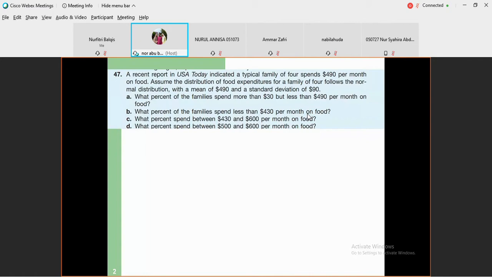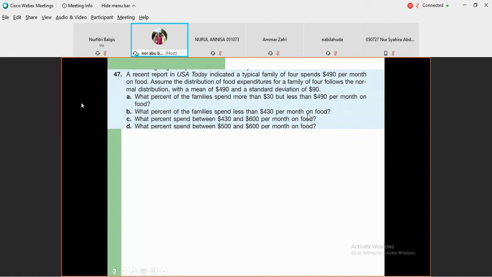Hopefully you will understand further on how to use the normal distribution. Jadi sebenarnya exercise ni hanyalah untuk awak faham macam mana nak guna normal distribution, macam mana nak guna probability, and the probability can also guide you to find the percentage. Bukan semata-mata probability, tapi juga awak boleh convert it to percentage.